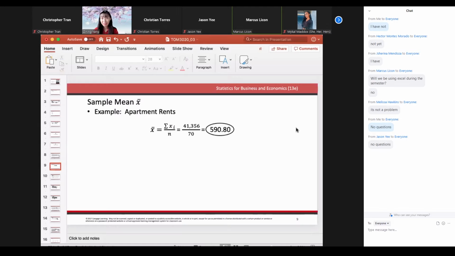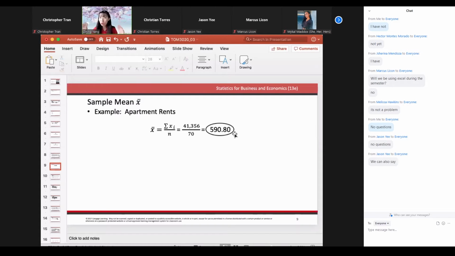The only difference, I guess I would say, is the sample mean, we're saying out of 70, but the population, we don't have the information, but that could be 1,000 or something of that nature, right? Correct. Yes, that's a very good point. Thank you for mentioning that. Here, we can only say this is a sample mean, the average for these 70 apartments.